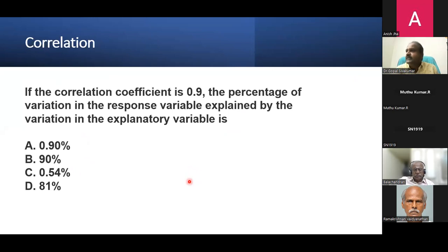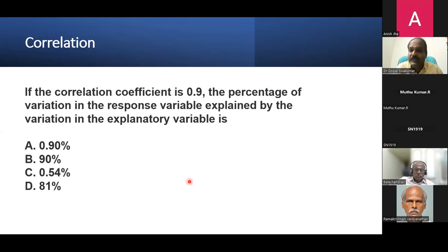If the correlation coefficient is 0.9, you all remember the Pearson correlation coefficient, small r. If the correlation coefficient is 0.9, what is the percentage of variation in the response variable explained by the variation in the explanatory variable, which is your x? What is the percentage of variation your x can explain? 81 is the correct answer.